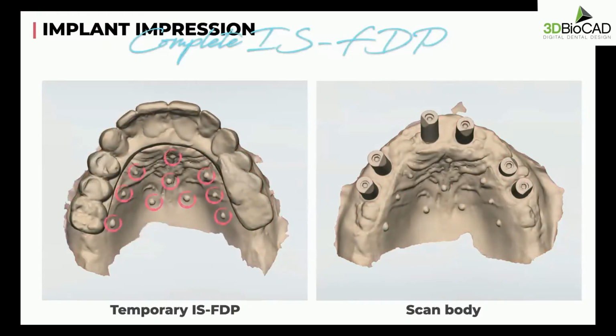So I do a pre-prep scan, and just like before, I scan the temporary restoration inside the mouth. And then after that, for the scan body scan, we place scan bodies onto the implants and do the scan body scan. But unlike the previous scans where we had teeth to use as stitching points, we don't have that once we remove the temporary bridge, because it's a full arch bridge.